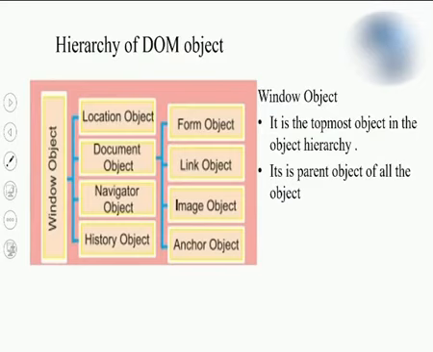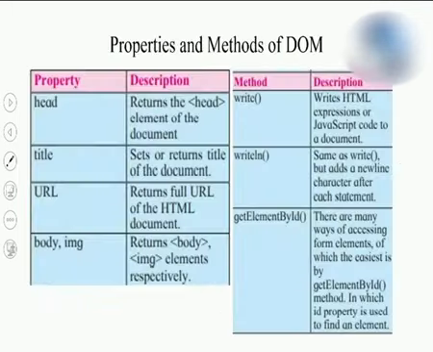You are having a thorough study of form object, link object, image object and anchor object. Out of that, the form object we have in our syllabus. So over here, observe the properties and methods of the document object on your screen. Here, if you execute your JavaScript program using Internet Explorer, it will show you a message like this.